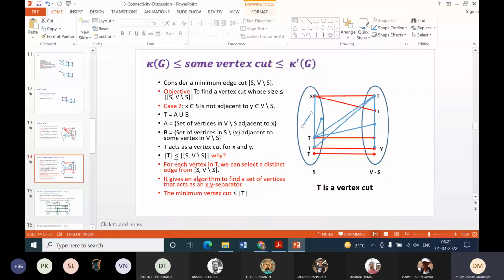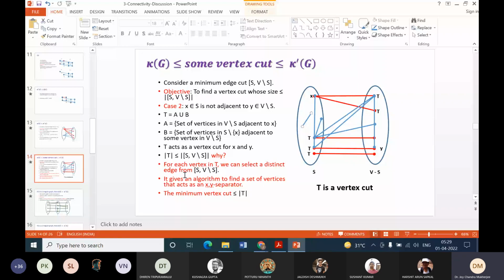Now this T acts as a vertex cut for X and Y because there is a path from X to Y through these vertices. Now we say that the number of vertices in T must be less than or equal to the size of the cut S comma V minus S. Why? Because for each vertex in T, we can select a distinct edge from S comma V minus S.